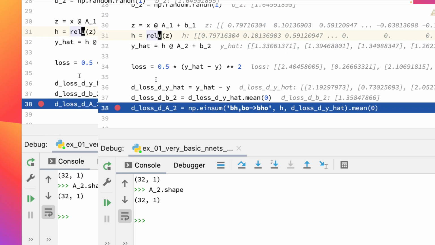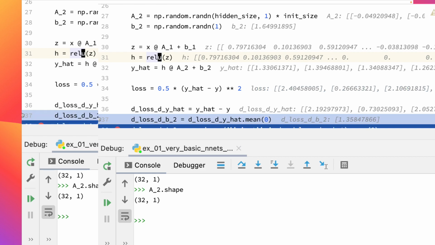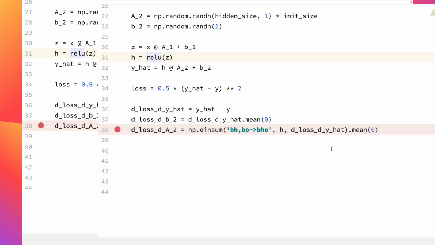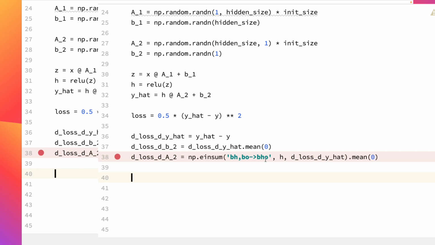And now I will just turn off debug because it's too confusing. So now we want to compute the rest. Let's first figure out what d loss over dh is, right?